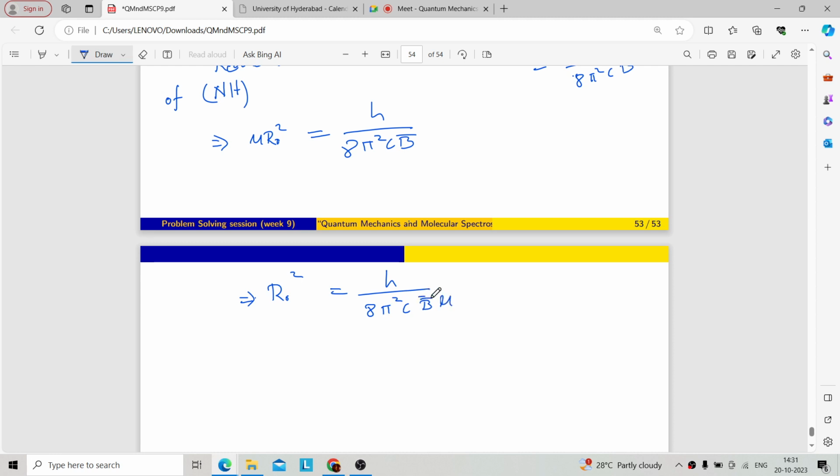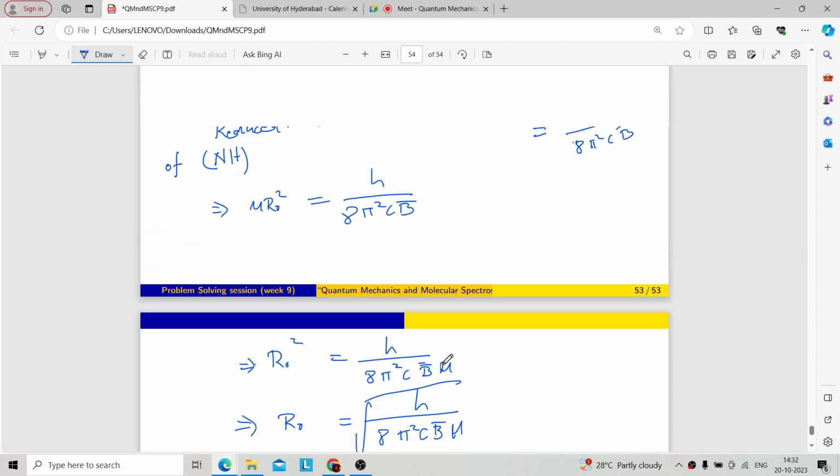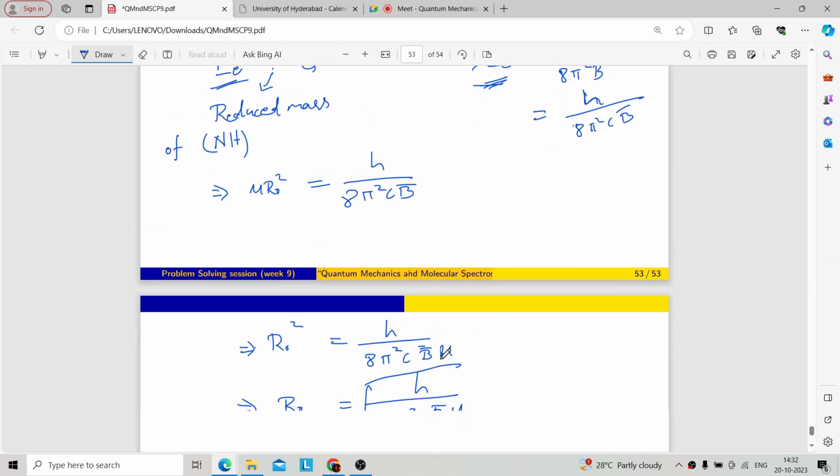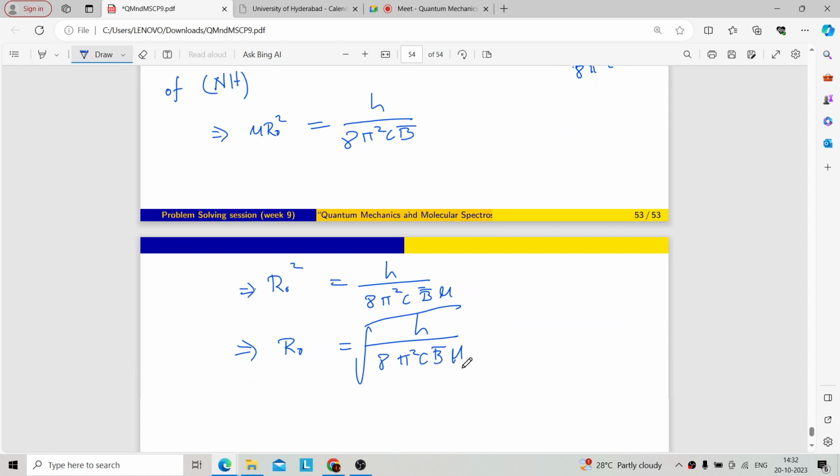So R naught will be equal to root over h over 8 pi square c V bar mu. Now the other values are known except this mu value.